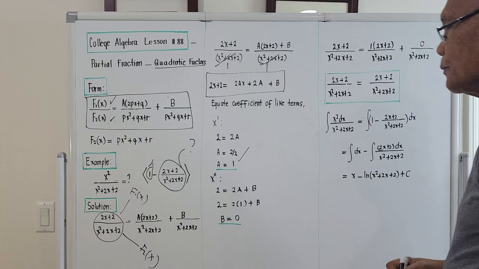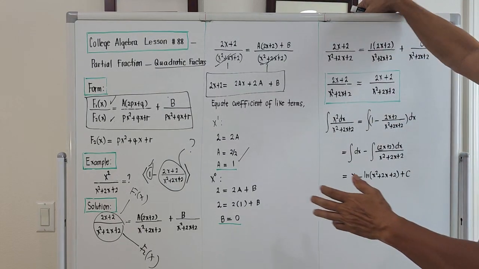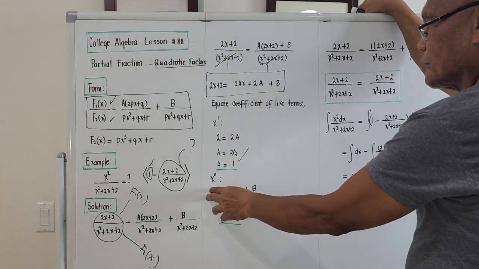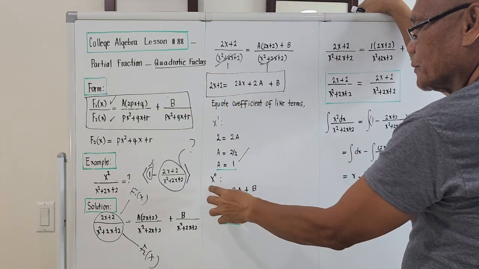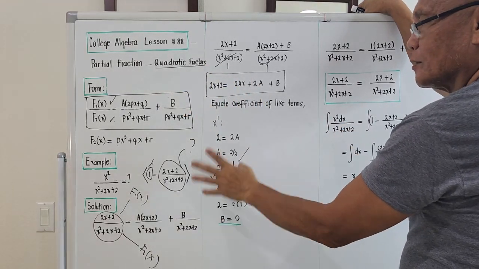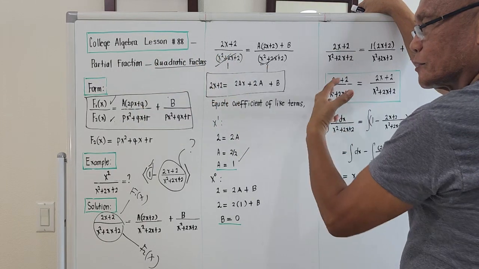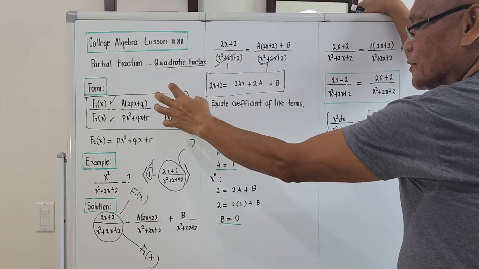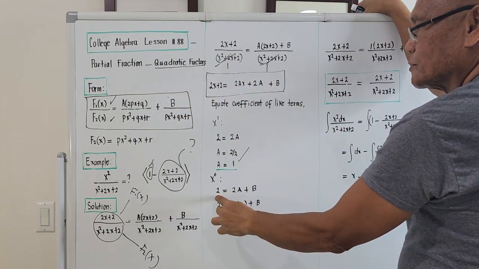For x to the 0, or all pure constant terms for both left and right, the constant on the left will be equal to the constant on the right. For the left hand side, it will be 2, the pure constant.